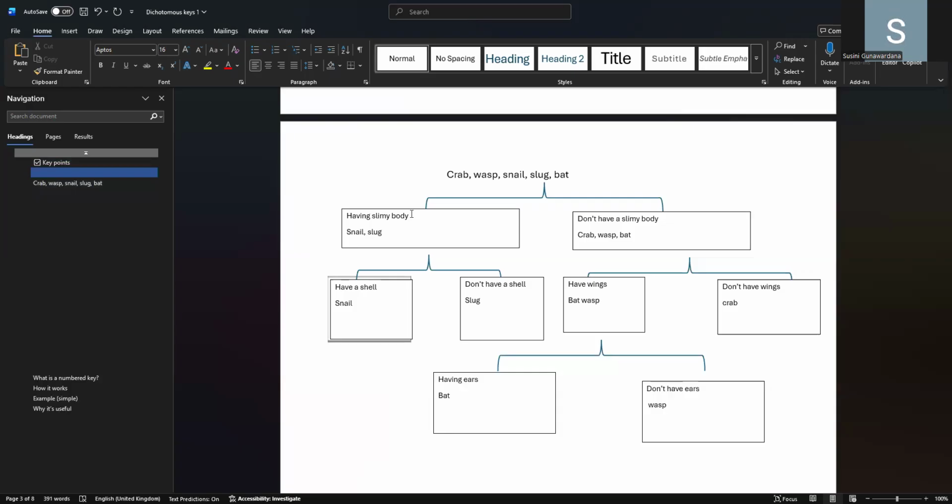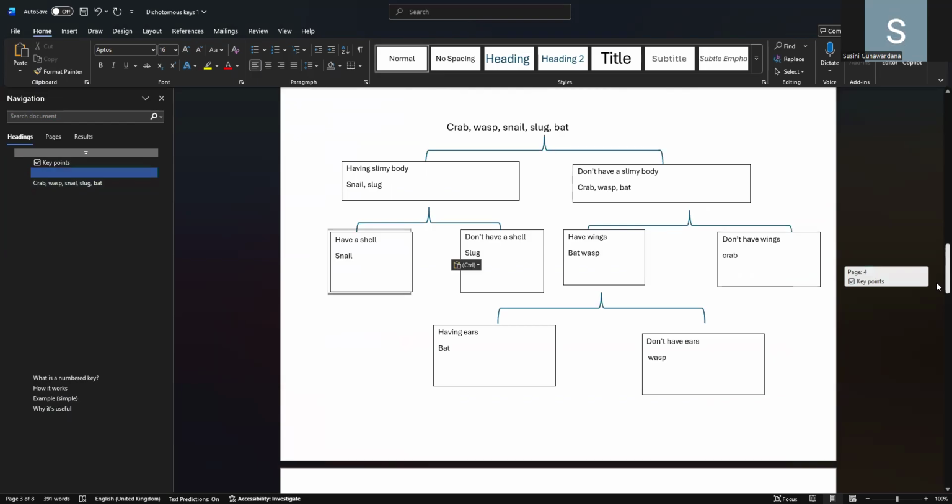Like that, these characteristics may be changing. So in that case, it doesn't matter if the characteristics are changed, but the specific thing you have to keep in your mind is that somehow you have to take one organism to the bracket, right?